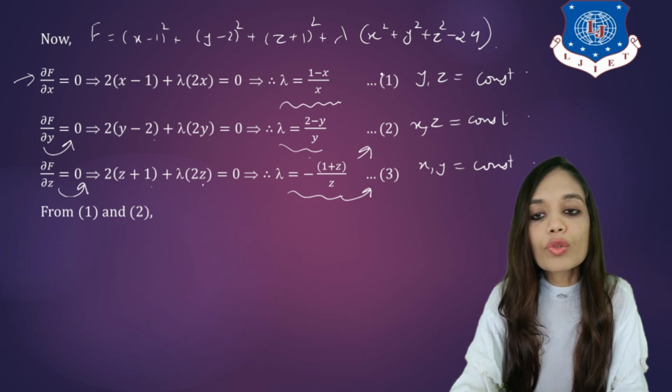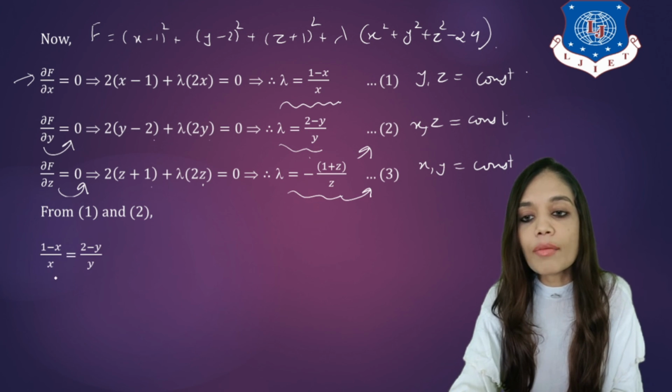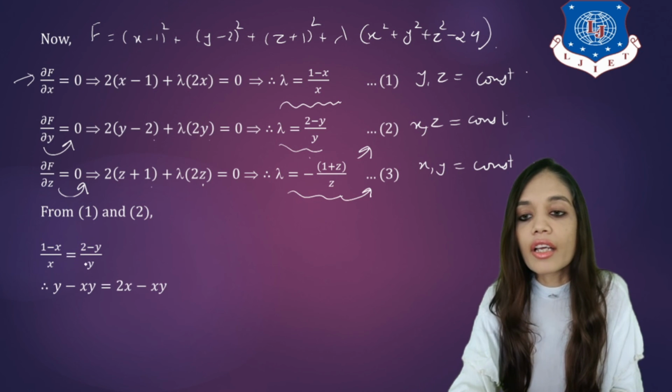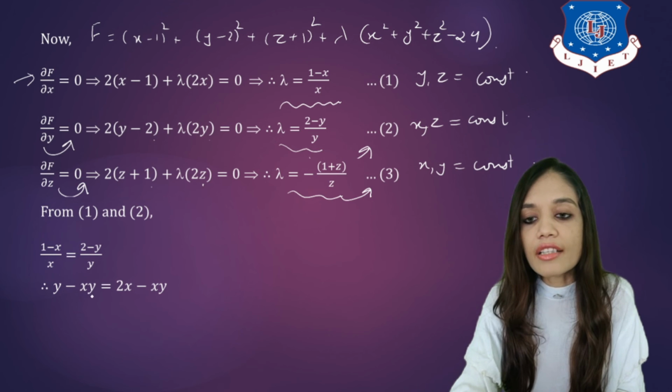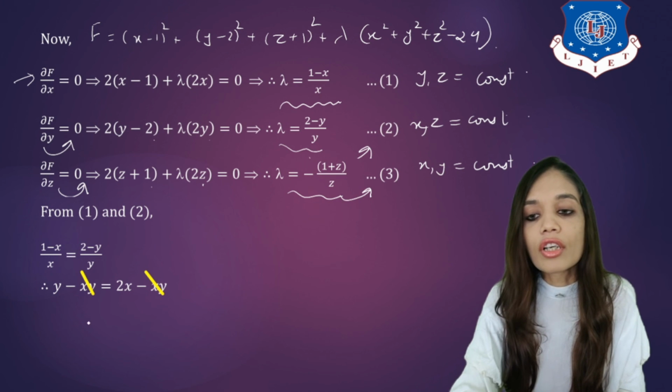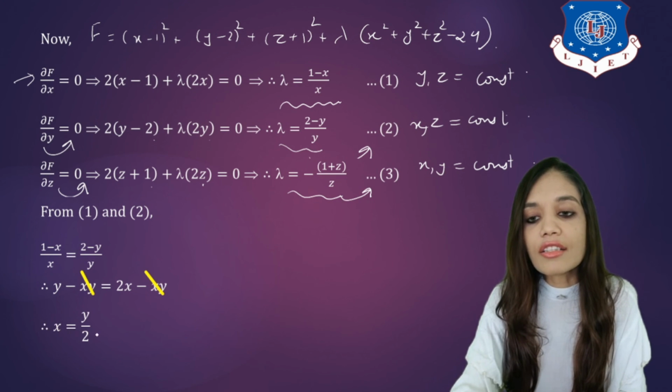Now what we will do? We will equate equation 1 and 2. So on equating, you will get (1 minus x) upon x is equal to (2 minus y) upon y. Now simplify. Therefore, you will get y minus xy is equal to 2x minus xy. Here xy will get cancelled out. Therefore, you will get x is equal to y by 2.